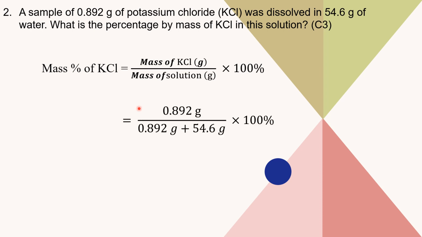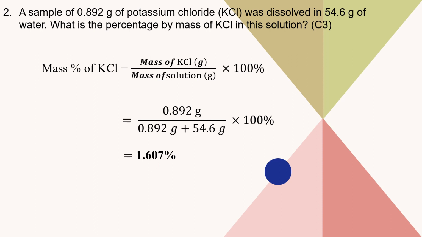So the mass of potassium chloride is 0.892 divided by mass of solution, which is the total of the above components, which is the solute KCl plus the mass of solvent. Okay, mass of solution as usual, the formula is mass of solute KCl plus mass of solvent water.